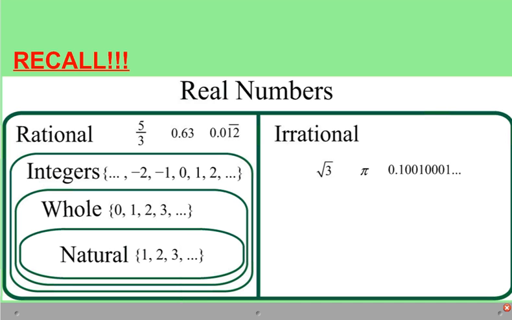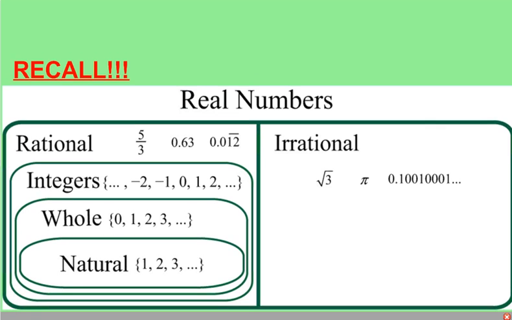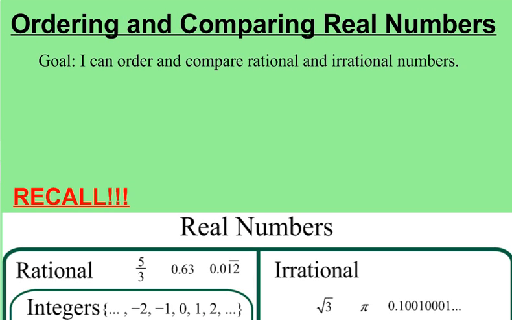That includes from natural numbers, the smallest subgroup that just has 1, 2, 3, just our counting numbers, to whole numbers, which is including 0, to integers, which is including negatives, and to rational, which is including decimals and fractions. Irrational, though, are those ones that never end. They're decimals that never end, and they have no pattern to them. So we're going to look at these and we're going to see how we can compare them to each other and how we can put them in order, maybe from least to greatest.